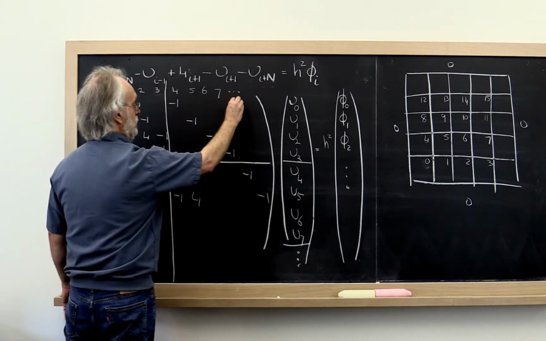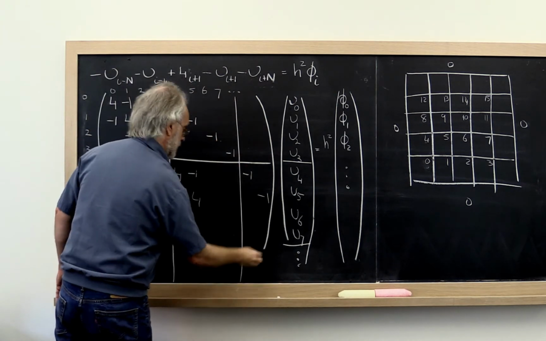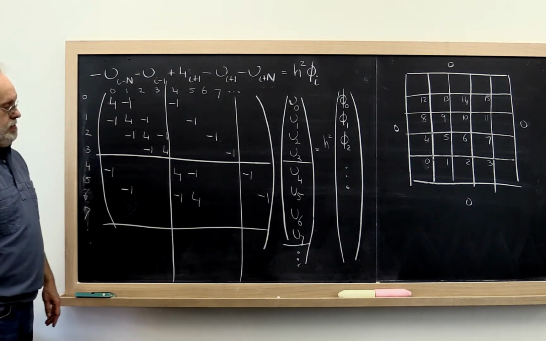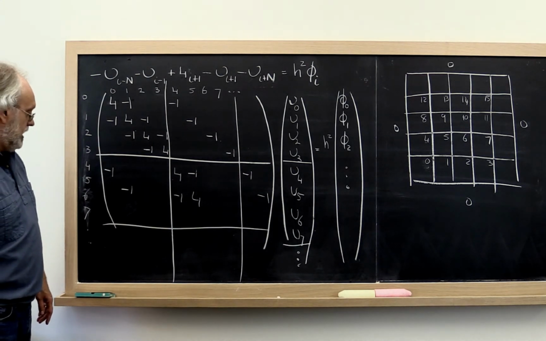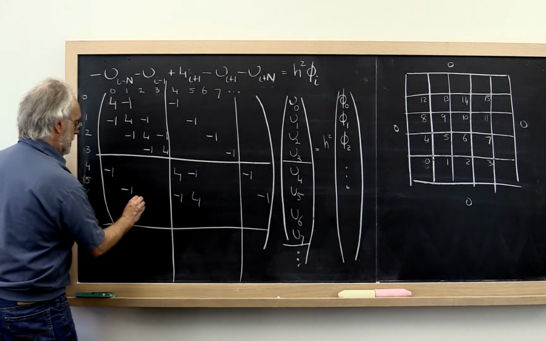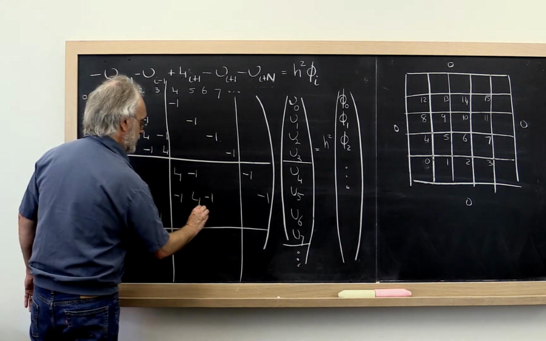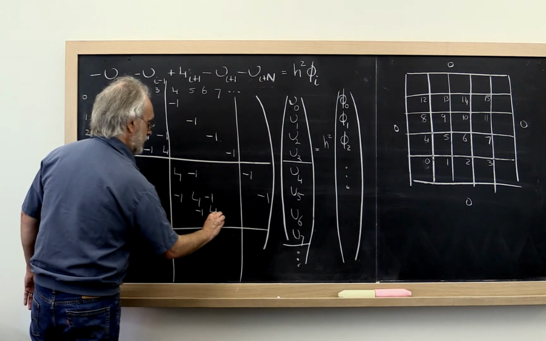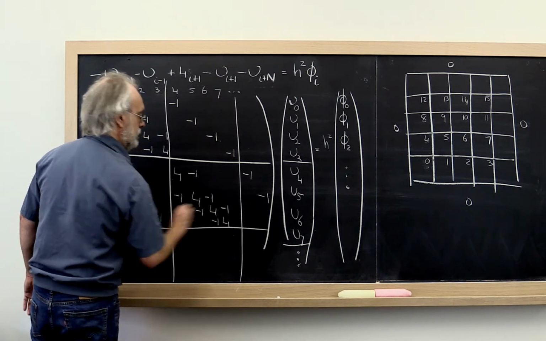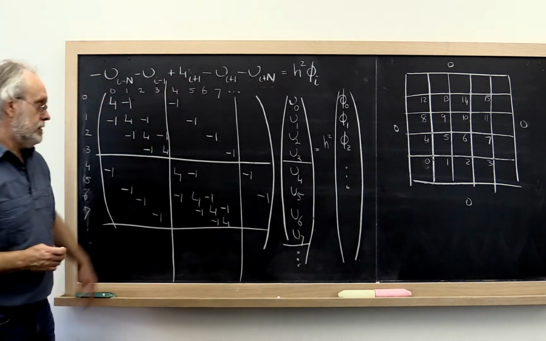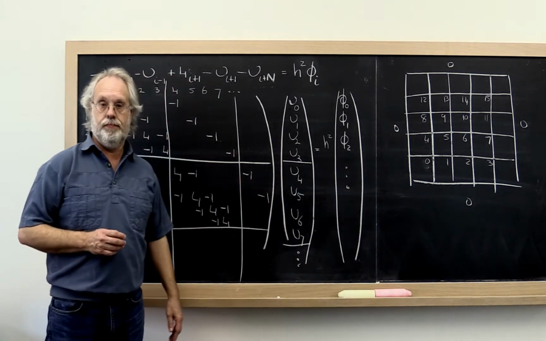We can put another line here, because that's the end of the line. You get the idea. We got a bunch of -1s here. We got this very distinctive tridiagonal matrix here. And here we also would get yet another block of -1s.